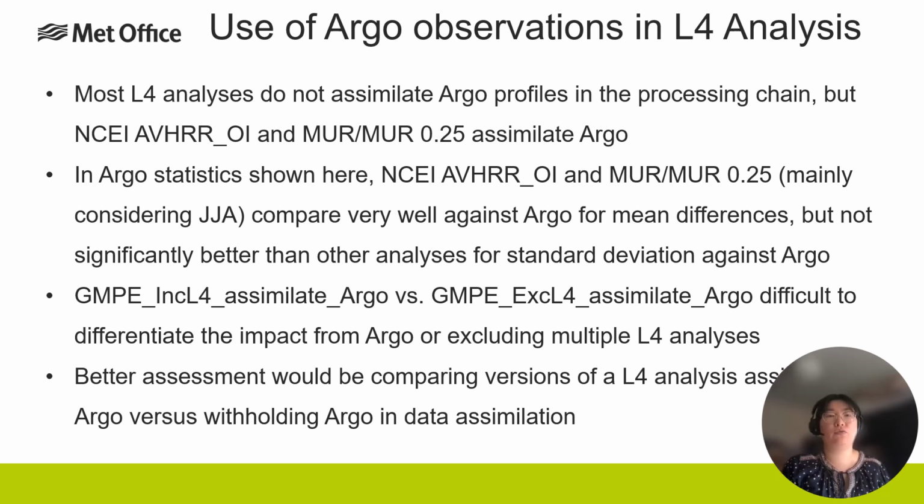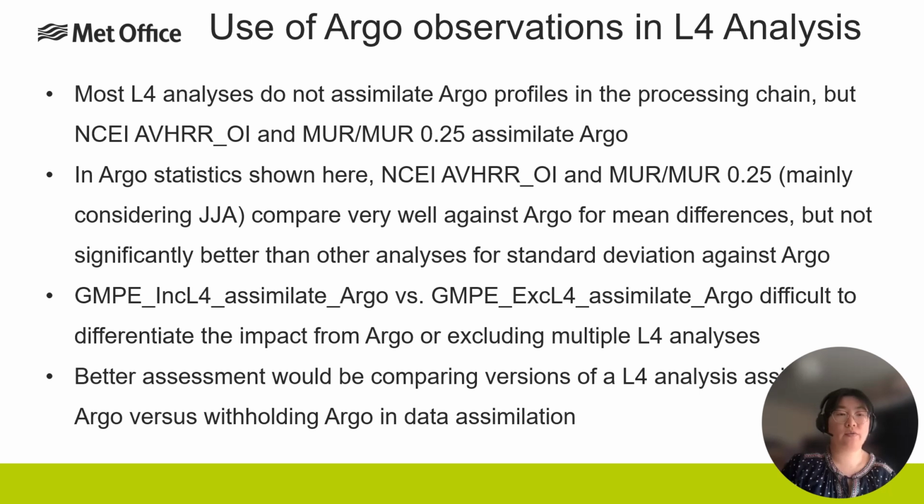And just a special note on the use of Argo observations in the L4 analyses. As I mentioned earlier, the majority of the L4 analyses use Argo as completely independent observations for validation, but the AVHRR OI and the MER do assimilate Argo during their production process, which means Argo is not completely independent for them.